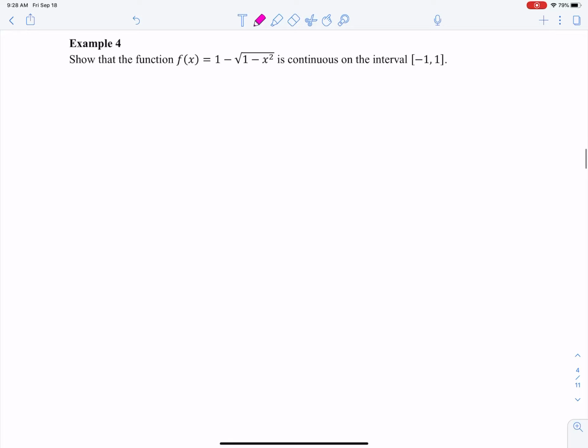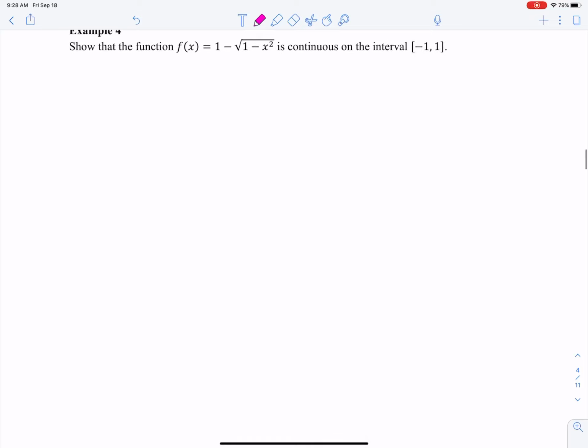All right, so here we go. We're going to show that this function is continuous on the interval from -1 to 1 inclusive. Those square brackets mean inclusive. Let's write this out.